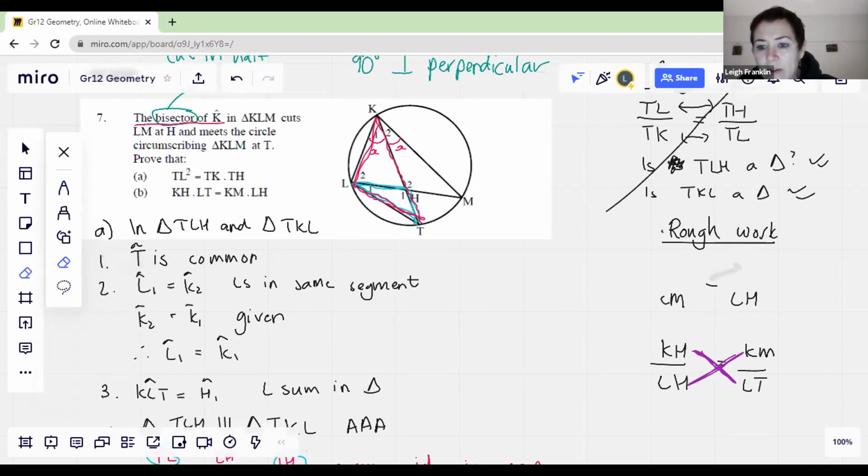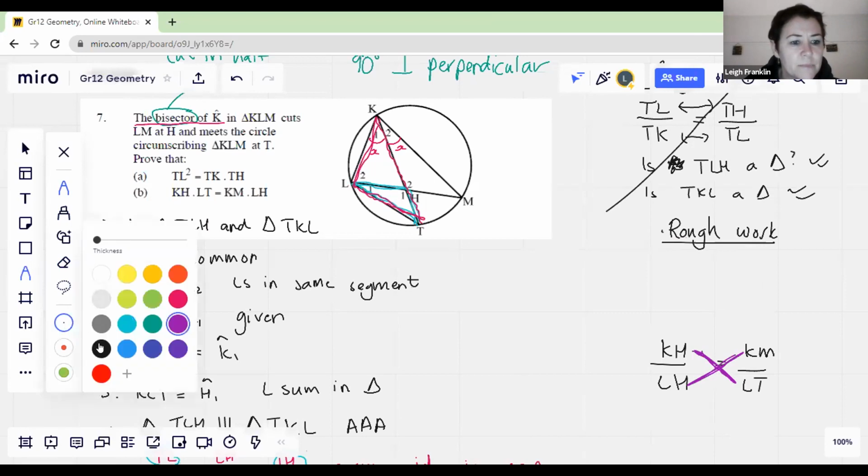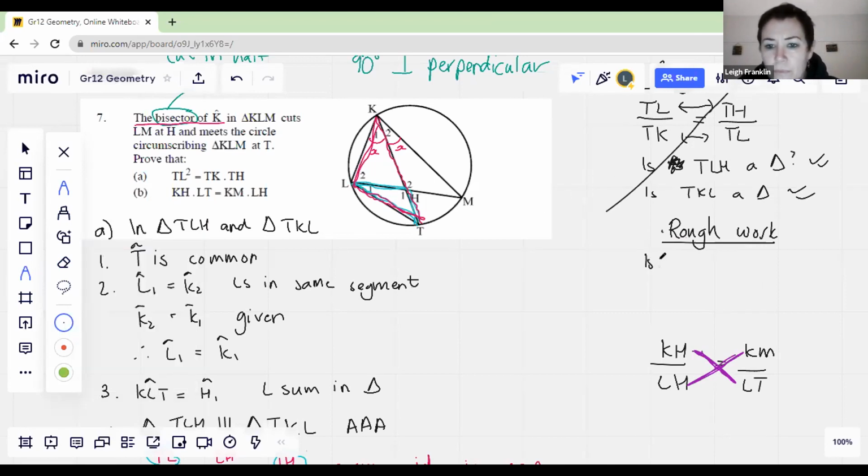Now that we have our proportion, we have to identify the triangles that we're working in. So left and right, or around the outside. Let's go back and have a look at the diagram. The first thing we want to ask ourselves is, if we go side to side, is KHM a triangle? What's the answer to that, Matrix? Yes, indeed it is.